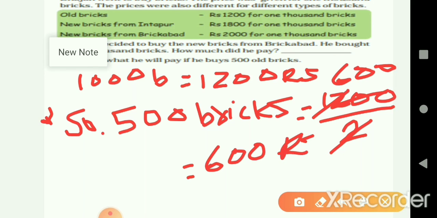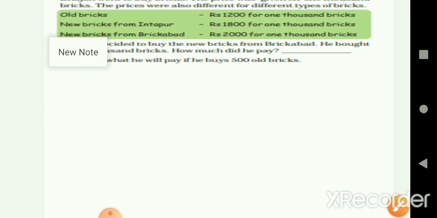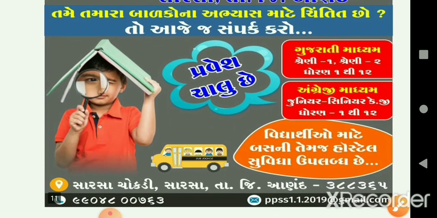So the total cost for 500 bricks is 600 rupees. Understood? Okay, now thank you.